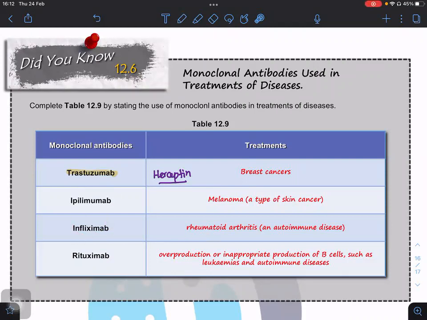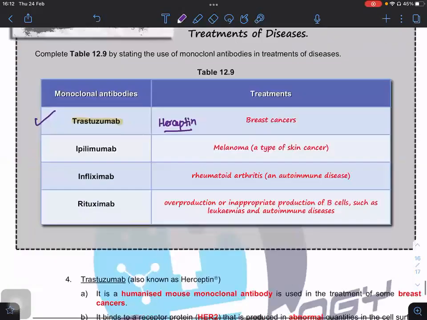Infliximab we use for rheumatoid arthritis, a kind of autoimmune disorder. Rituximab is for inappropriate production of B cells, for example leukemia or autoimmune disorder. So the only one you need to know is trastuzumab, commercial name Herceptin, to treat breast cancer. I don't go into detail because nothing much is very factual.